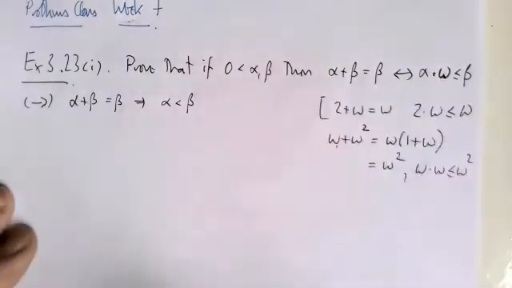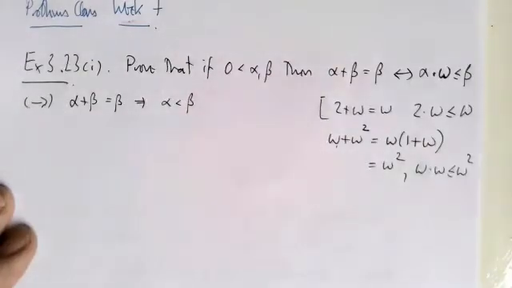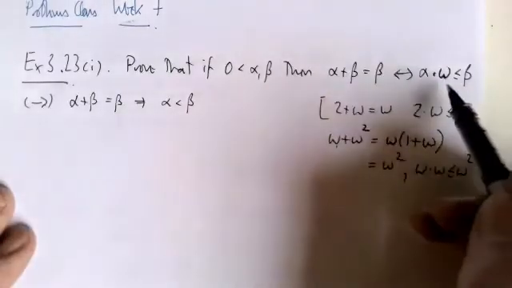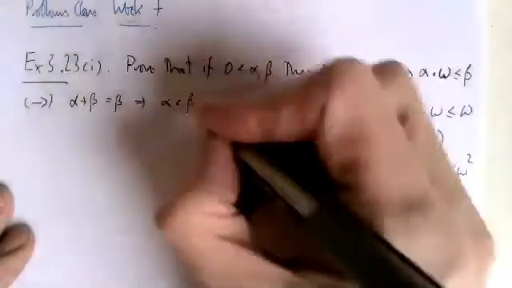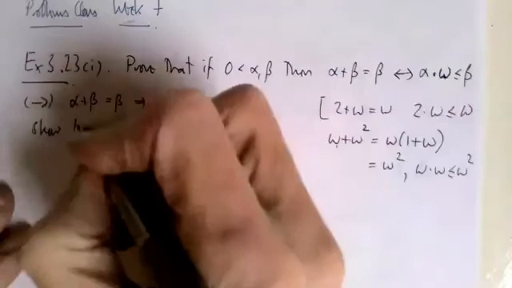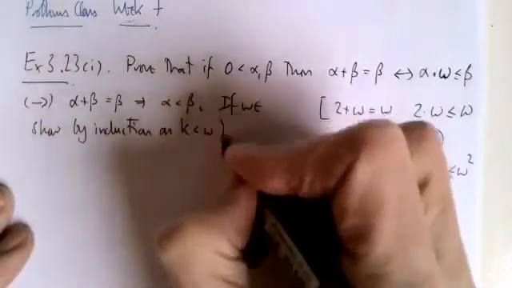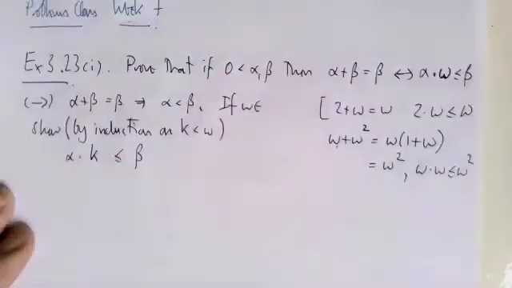So we're asked to show this in general. We've got alpha is less than beta here. One way of doing this is just to show by induction for every k that alpha times k is less than or equal to beta, just for finite k's.